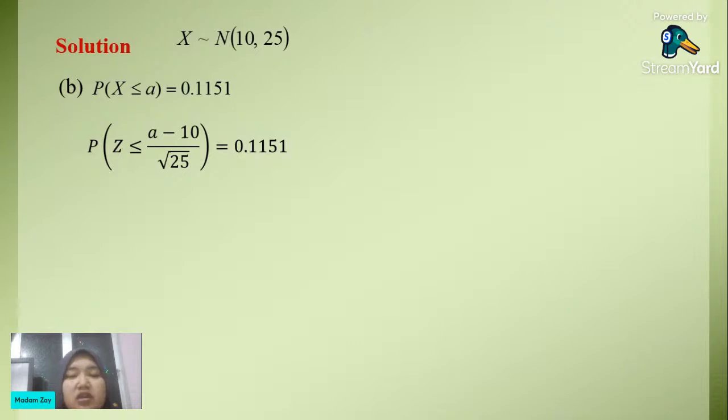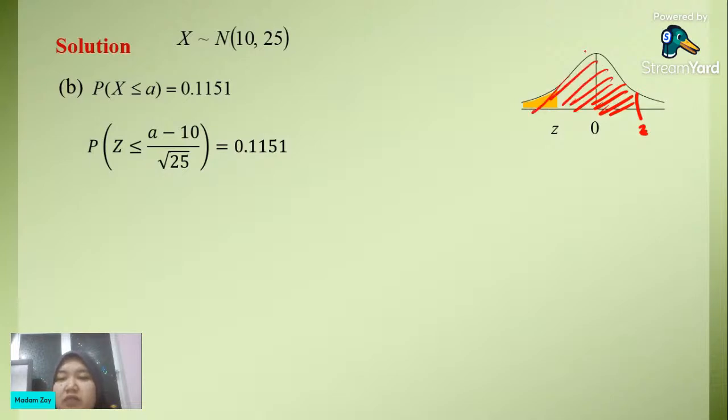Okay, so where is this Z located? This Z is located on the left side of 0. Why? If we put Z on the right side of 0, the area on the left side of Z will be more than 0.5. But what we have here is less than 0.5. That's why we put Z on the left side.